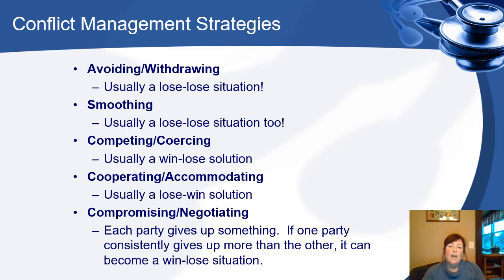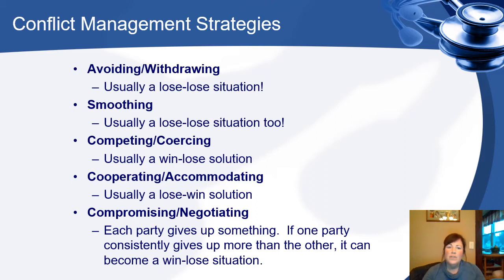So, a couple of conflict management strategies. This is not something I want you to memorize at all. This is just to know that there are some different strategies that do well when we're trying to manage conflict, and there are things that might deal with the conflict right at that time but don't deal with it overall.